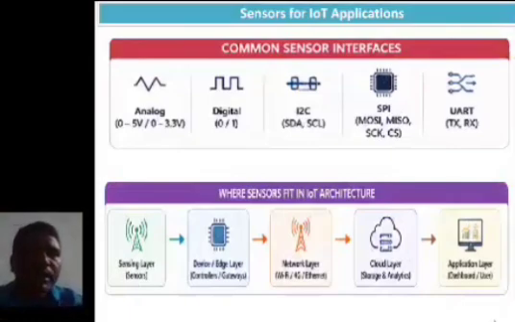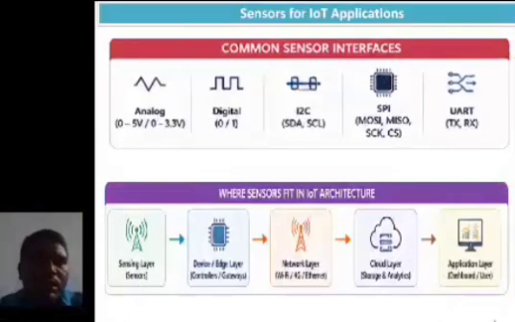Then SPI, serial peripheral interface, is high-speed communication, used where we need high-speed applications. Then UART, universal asynchronous receiver and transmitter, is also serial communication. So these interfaces help transfer the data efficiently from sensor to controller.